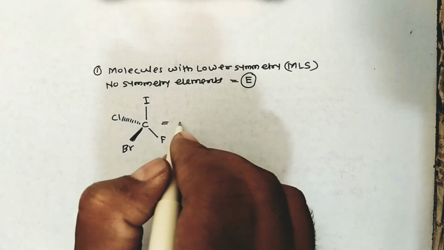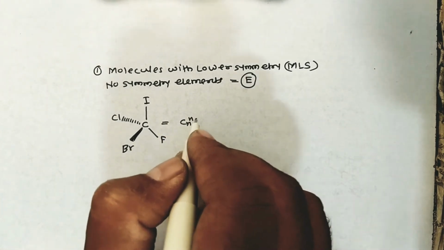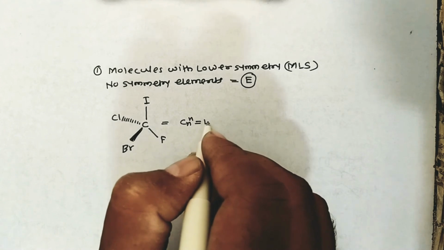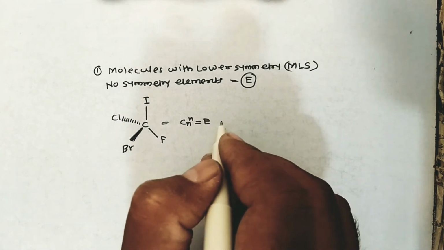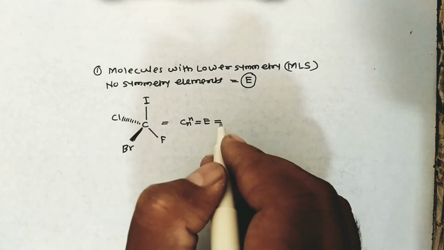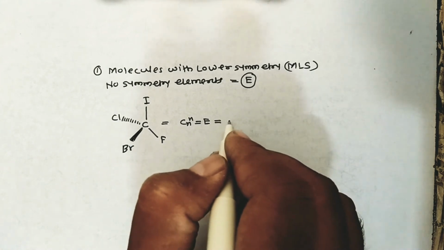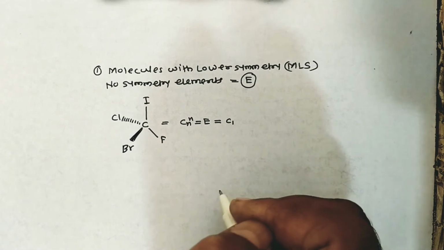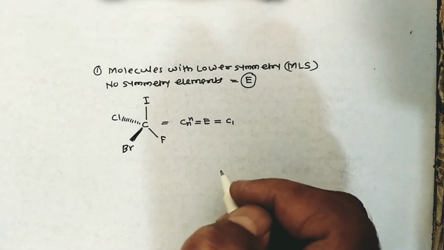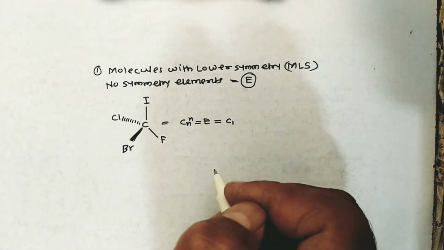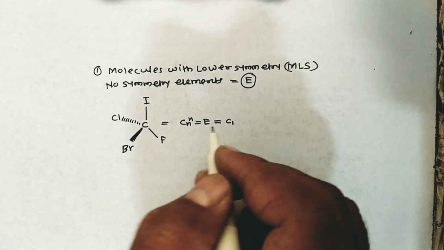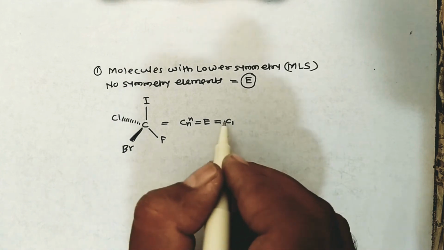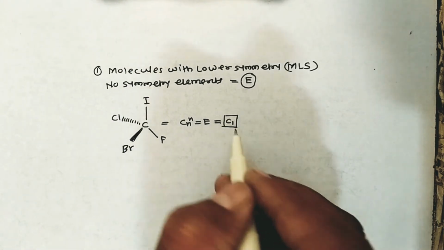It means that there is only one operation, C1, which is equivalent to identity E. Therefore the point group is C1, meaning only one operation is possible, and which is identity. So this molecule has a C1 point group.